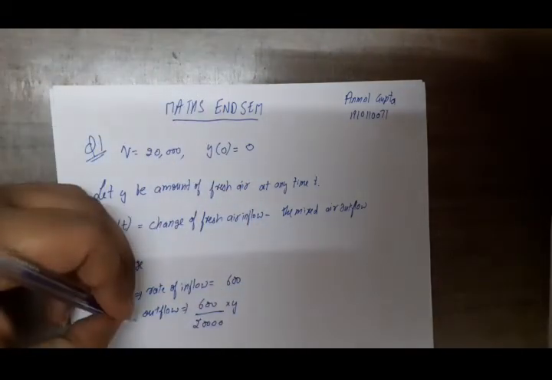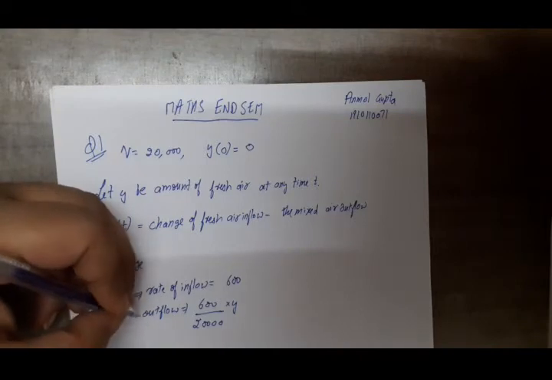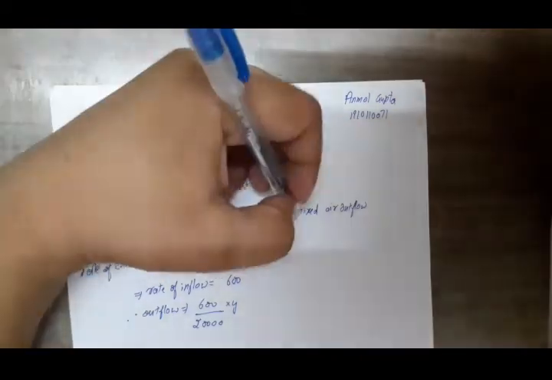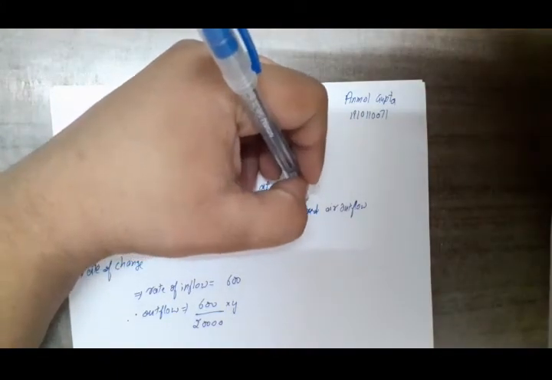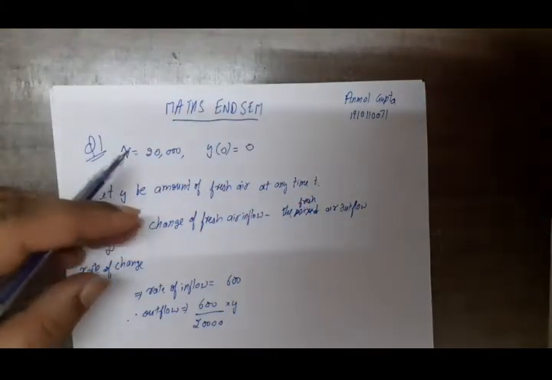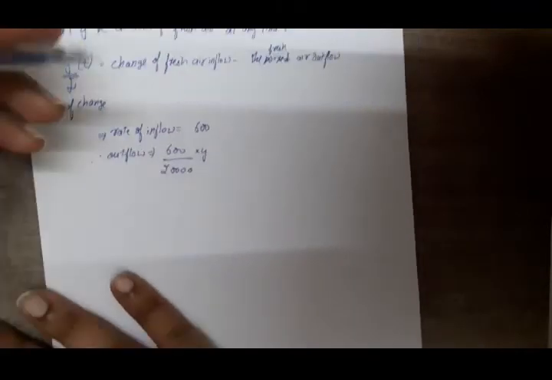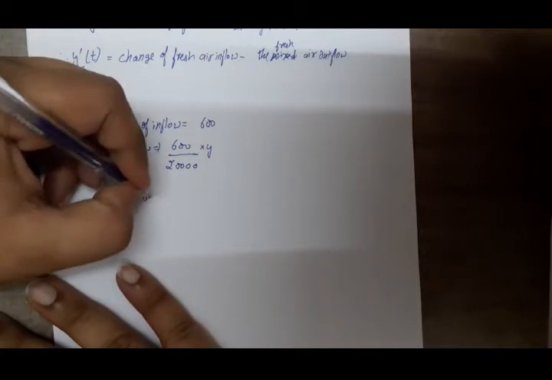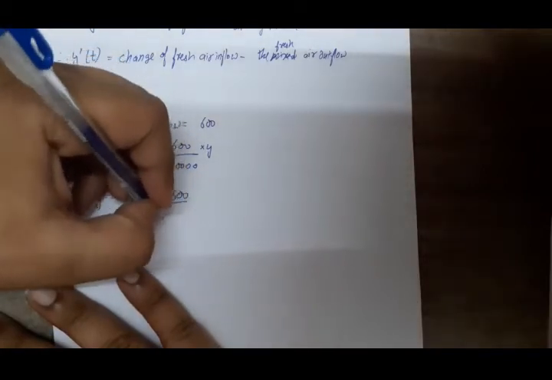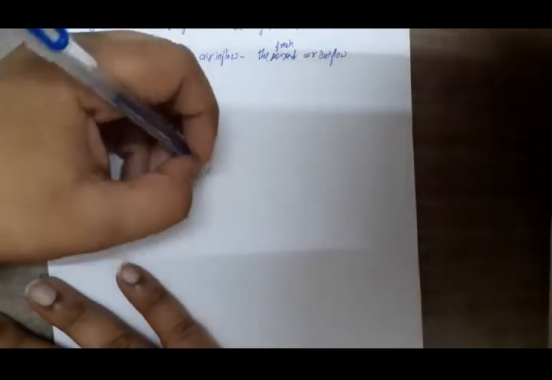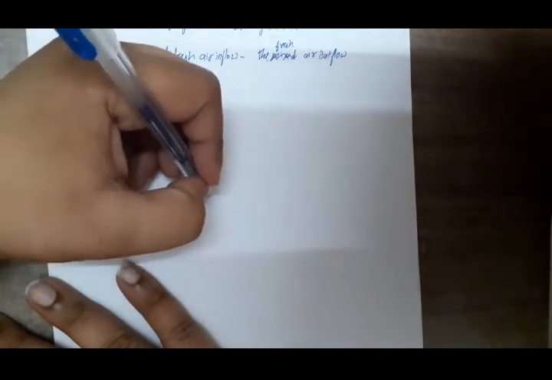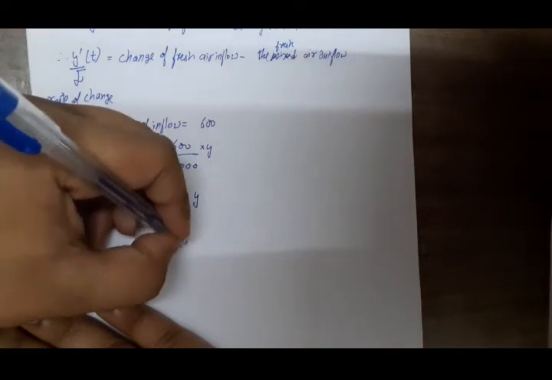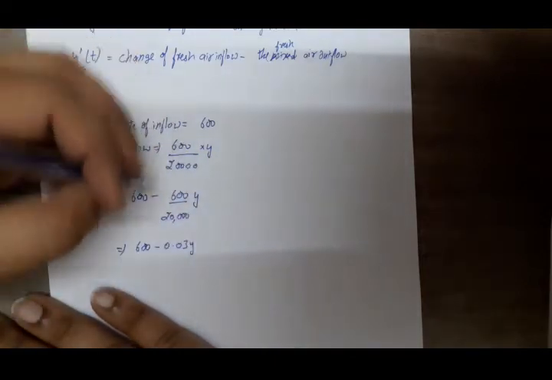So that is the rate of fresh air outflow. Our equation would be y dash equals 600 minus 600 upon 20,000 y, which comes out to be 600 minus 0.03 y.